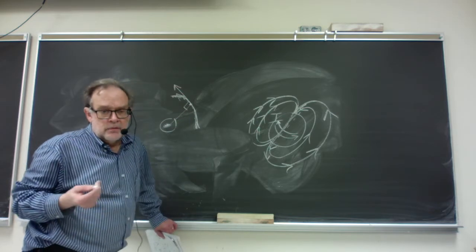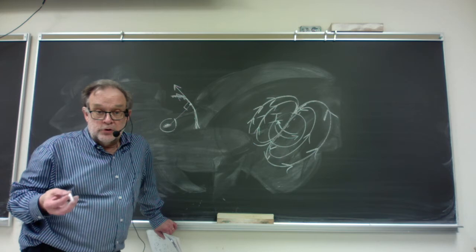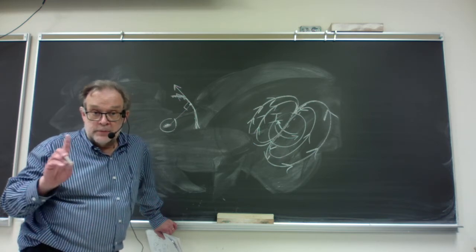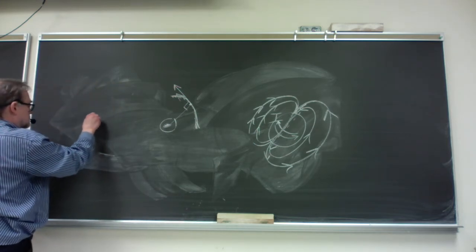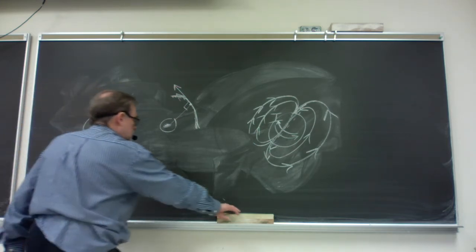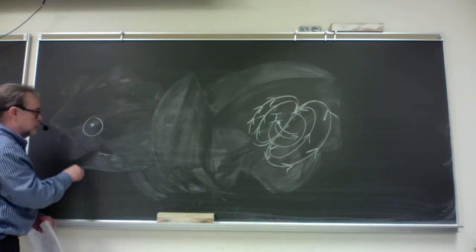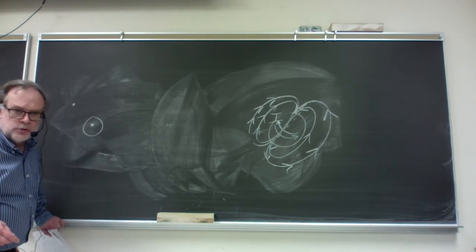Which means we can save ourselves a little bit of work when we're trying to figure out the direction of the field at some point. All we have to do is something like this. So there's the current, and there's the point that we're interested in.